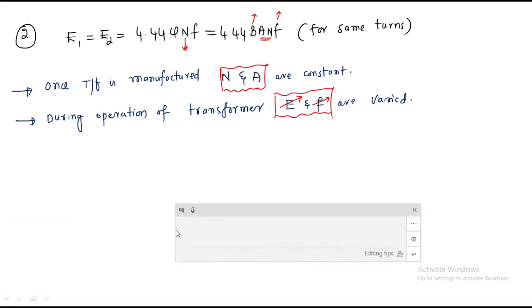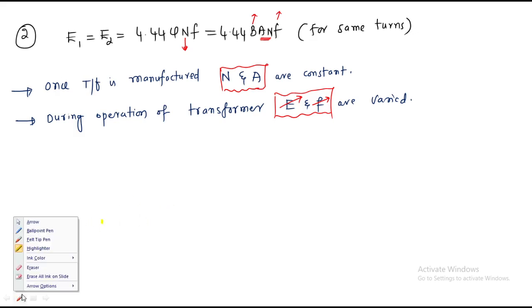From this we can write B is proportional to what?